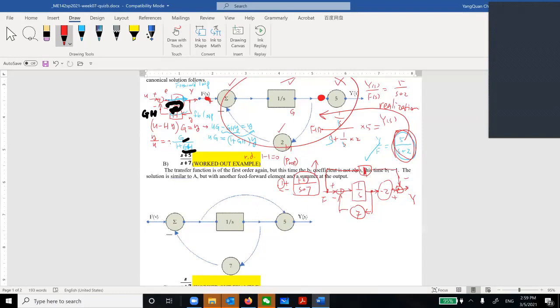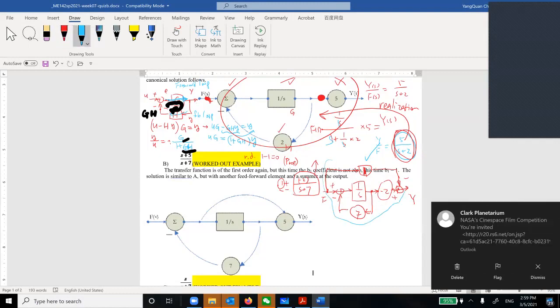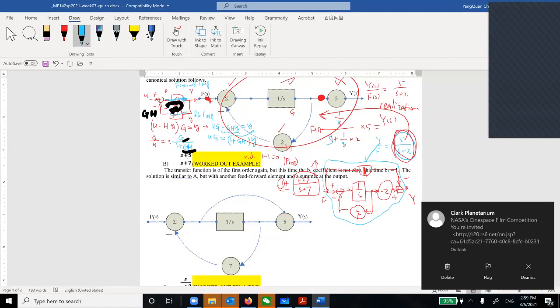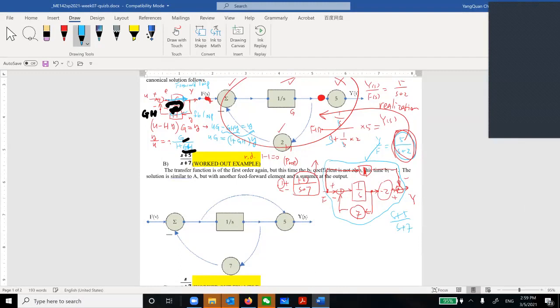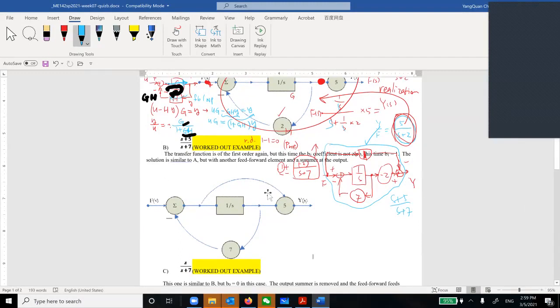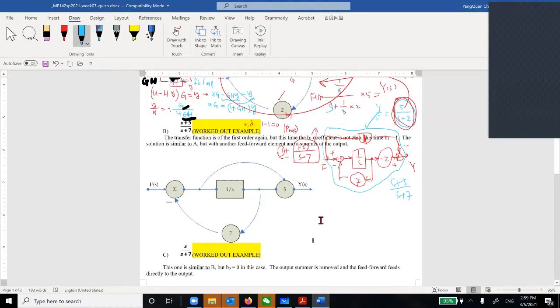Do you see that? So from this one, I can see this is a realization. So from here to here, this is a realization of S plus 5 over S plus 7. But in here, they also did a realization, okay? So let's check out how we can make this one happen.